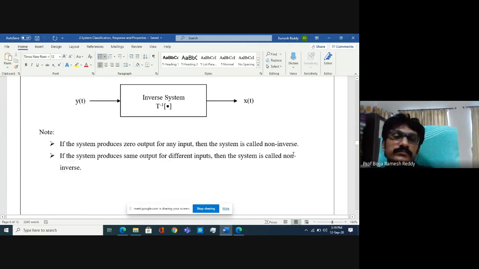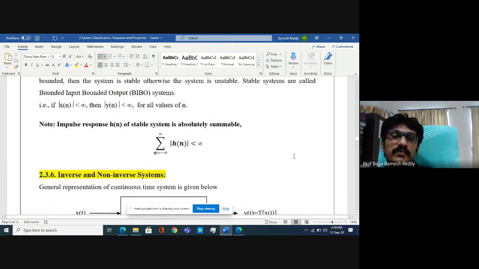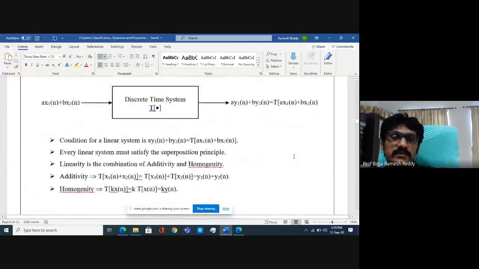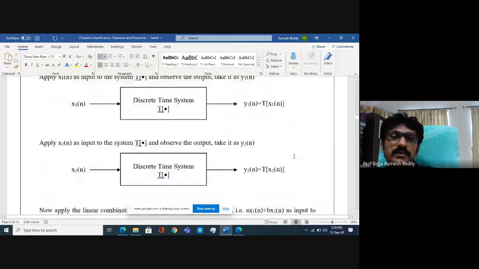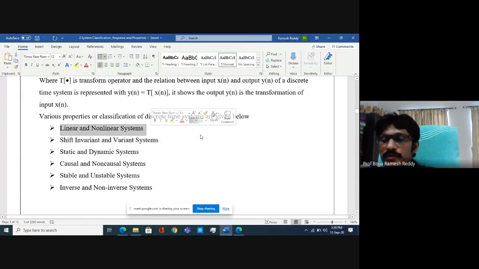All these properties are very important in examinations. You may get questions on this in competitive examinations. Once again, we will see these properties. Linear and non-linear systems: a linear system must satisfy the superposition principle, that is, homogeneity and additivity.